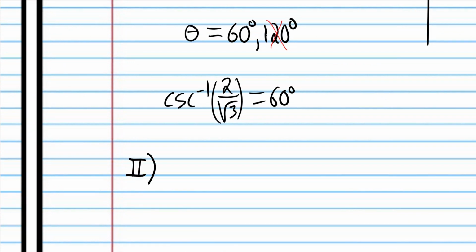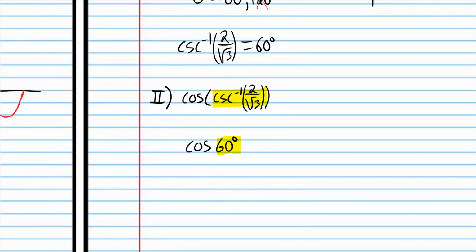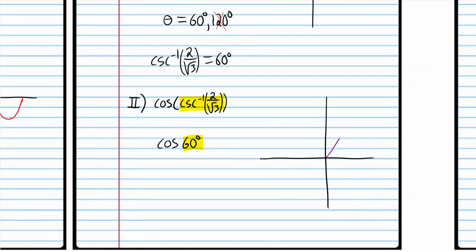So now we're going to find the value of cosine of cosecant inverse of 2 over root 3. We already found cosecant inverse of 2 over root 3. That's 60 degrees. So this angle is 60 degrees.